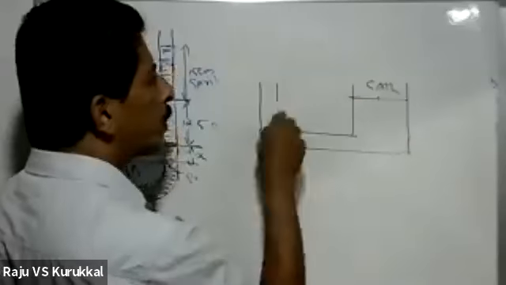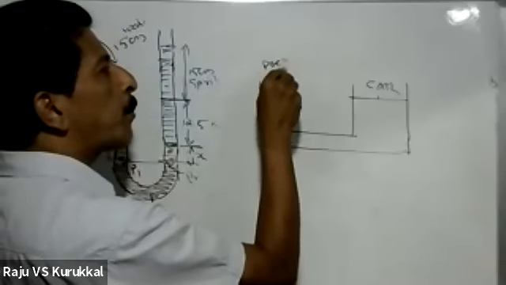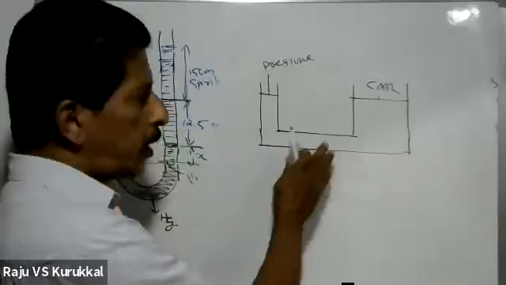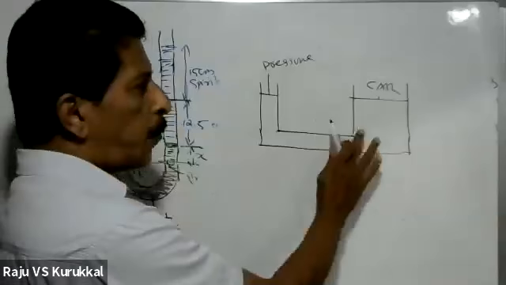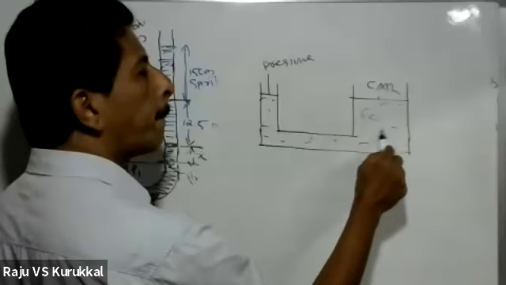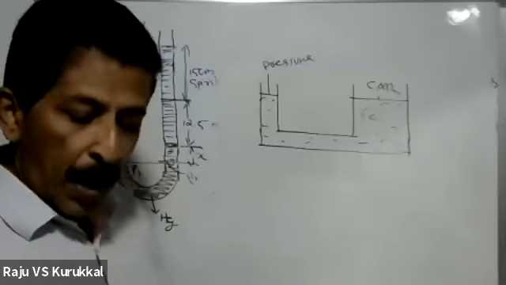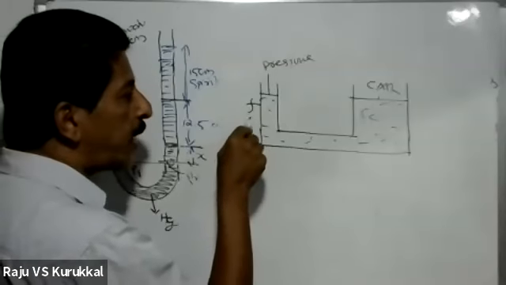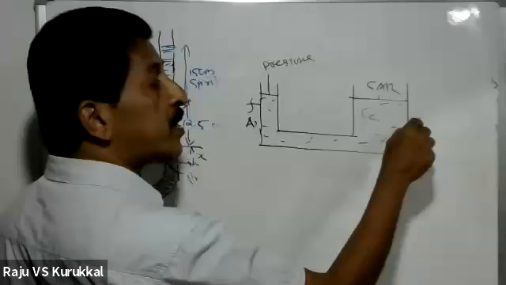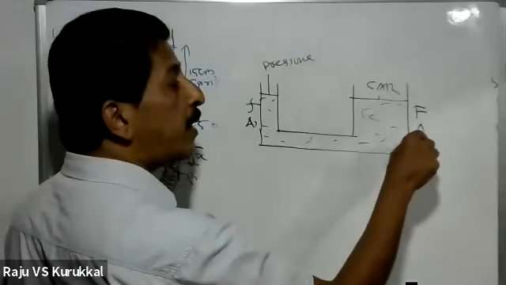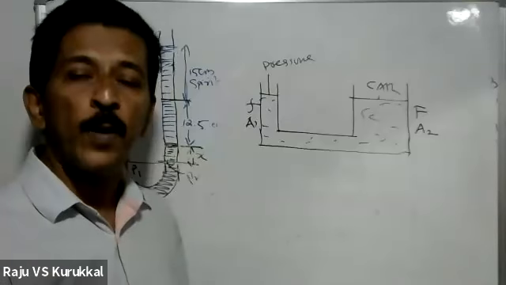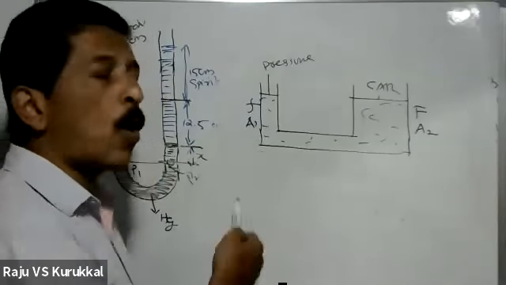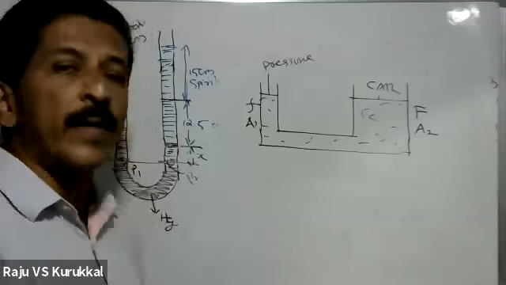Here the car is lifted, and here we apply pressure. Inside there will be a liquid. Here is the small piston and this is the larger piston. The force acting on the small piston is taken as small f and the area is A1, and for the larger piston the force is capital F and the area is A2.